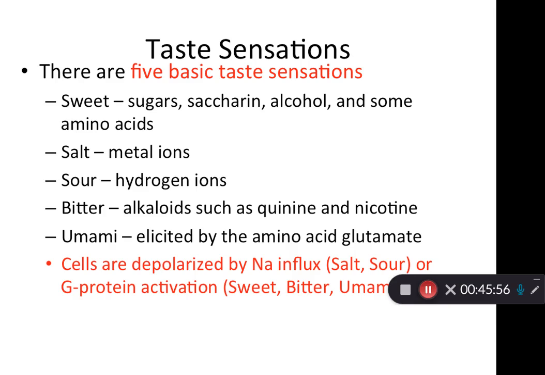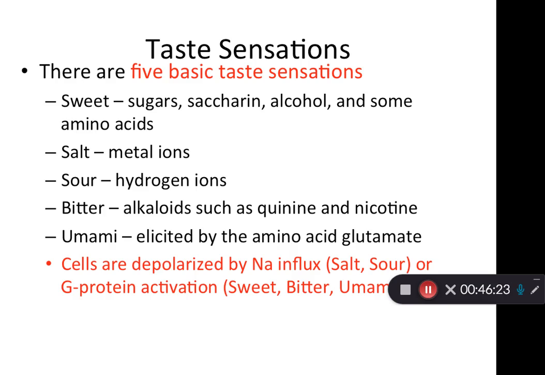For example, table salt is sodium chloride. When the table salt is dissolved in water, the sodium ion is released in the solution. So the taste bud can detect the sodium ion and then generate the salty sensation.